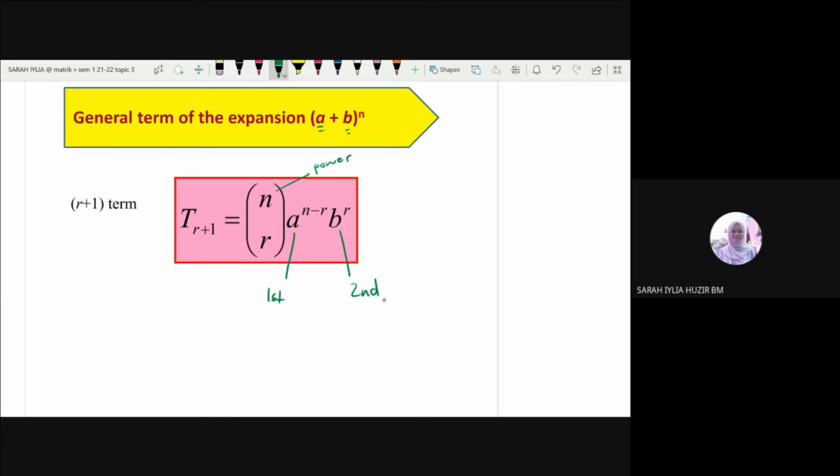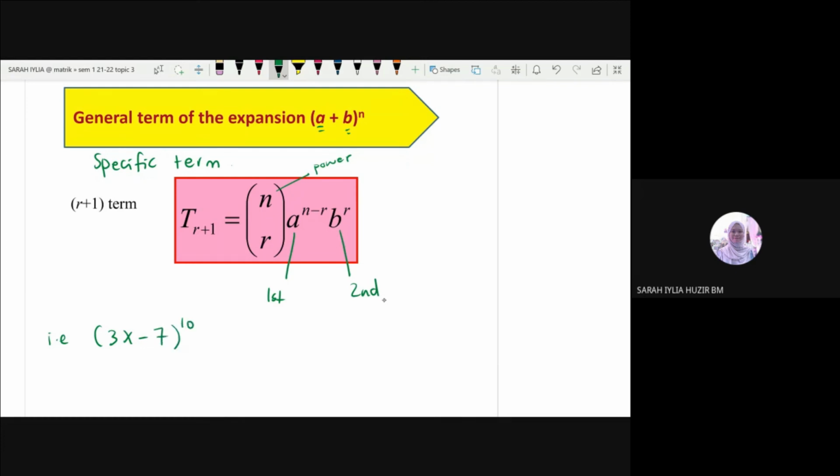Okay. TR plus 1 ataupun dia kata general term ni, kita akan guna bila soalan minta specific term. Okay. Soalan tak akan minta expansion. Dia tak akan suruh expand, dia minta specific. Contohnya lah, saya ada example 3x minus 7 to the power of 10.